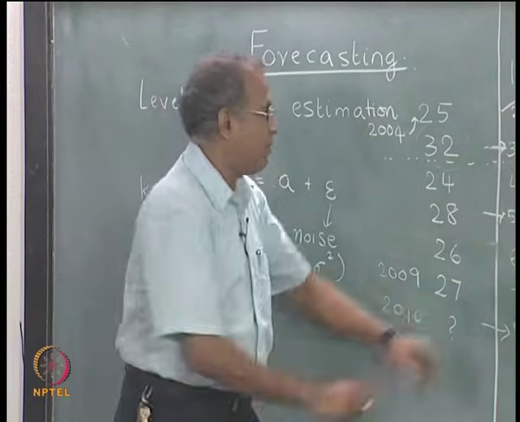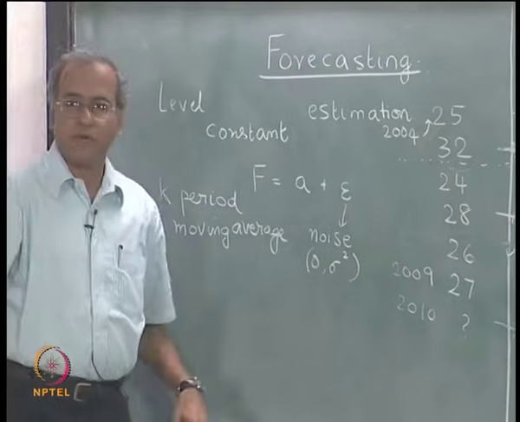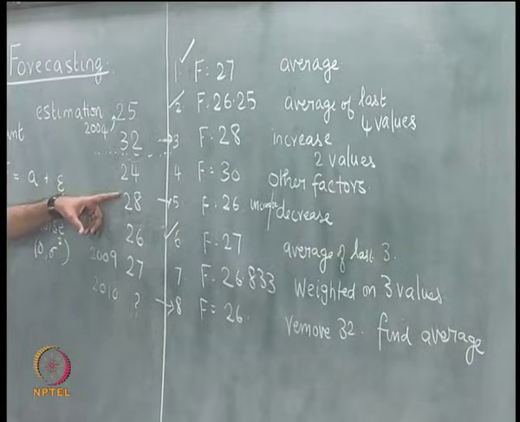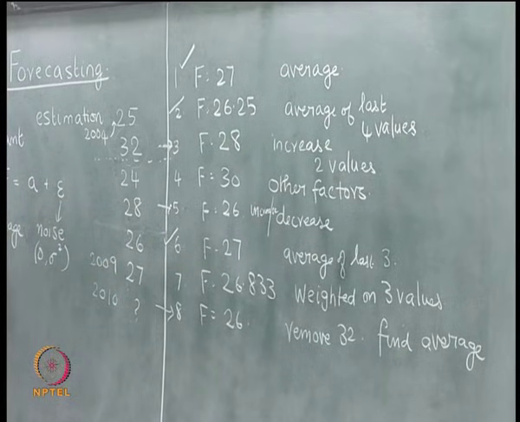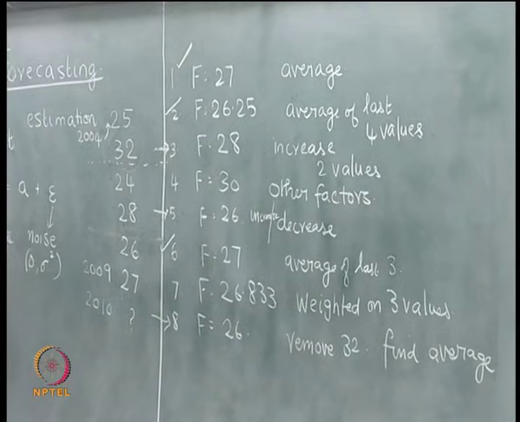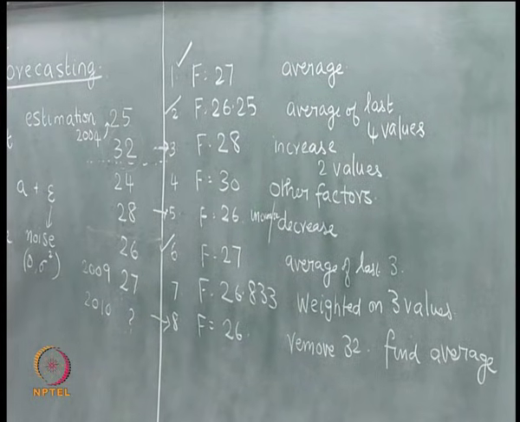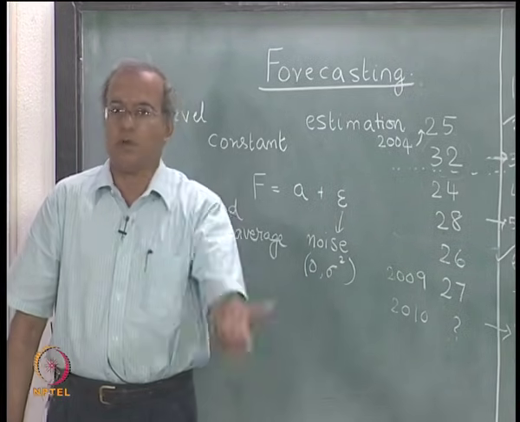A 3 period moving average taken here gives us a forecast of 27, which is the average of 28, 26 and 27. So, decisions based on moving averages are essentially made by assuming that the last k periods are more relevant and the others are left out.